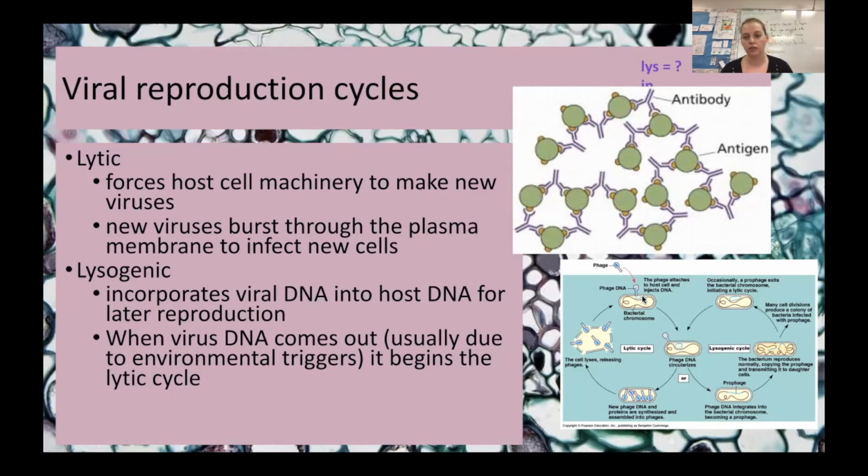And this is an instruction manual that the cell is going to read. And once it reads it, the instruction manual tells the cell to stop doing its normal function, shut down normal activities, and focus on producing new virus. So the cell makes the proteins that the virus DNA encodes, and it generates new nucleic acids for the virus, and it starts to package those up inside of the cell.